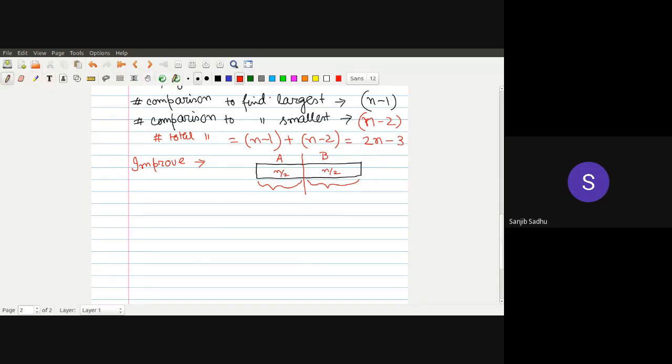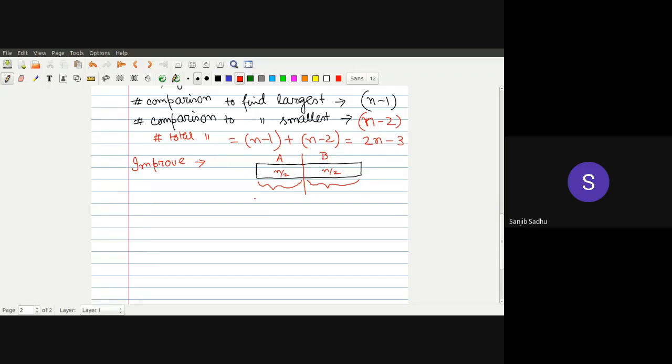You will decompose the array A into two parts, and go on dividing until the sections have two elements. Now if there are two elements, you can compare which one is larger and which one is smaller by only one comparison. Anyway, now you will merge the solution. Suppose you have obtained the largest and smallest.